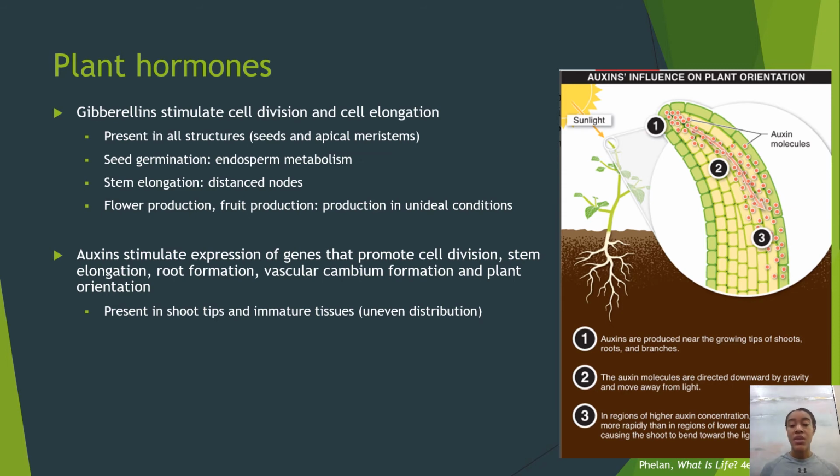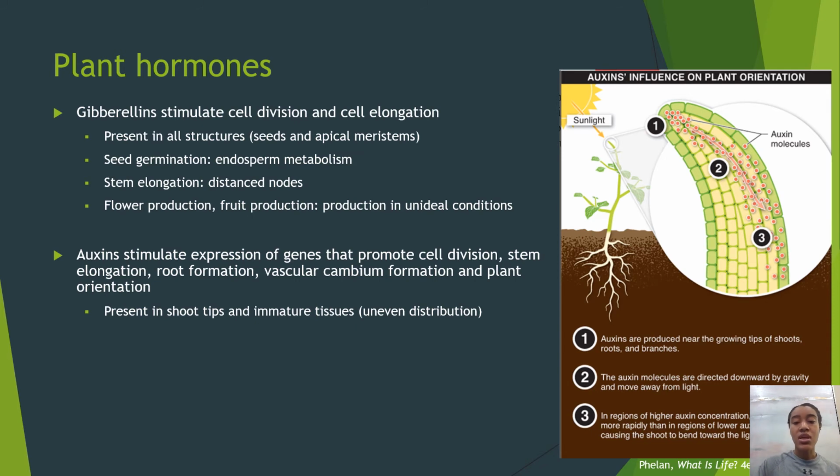Auxins are present primarily in the shoot tips and in immature tissues, and this makes sense because these are areas that are undergoing rapid cell division. Auxins often work in combination with gibberellins because they have similar functions. But there's one key difference in the distribution between auxins and gibberellins.